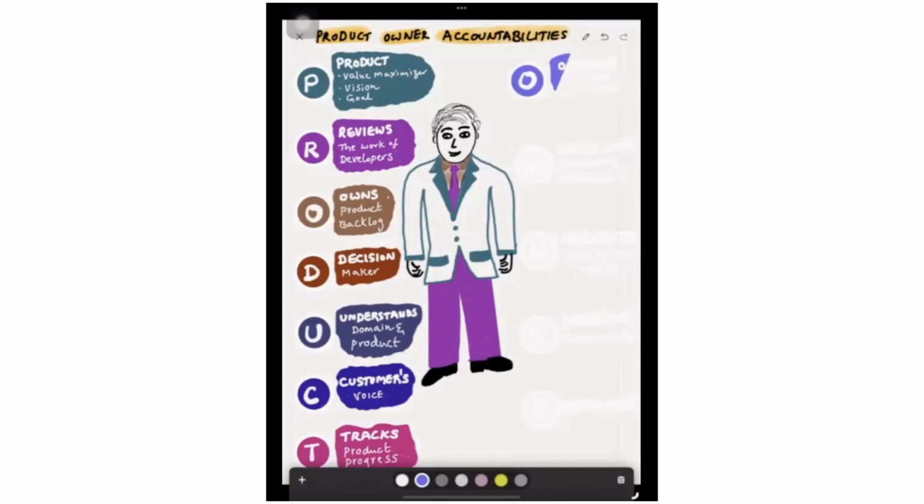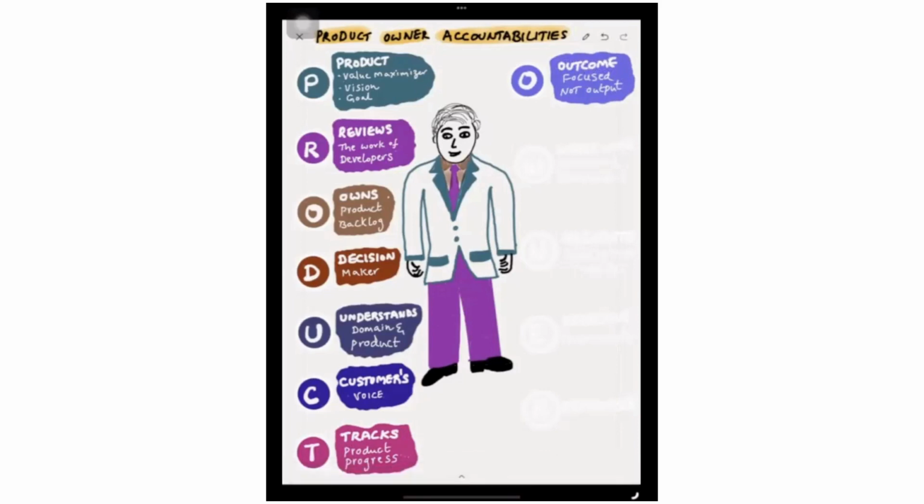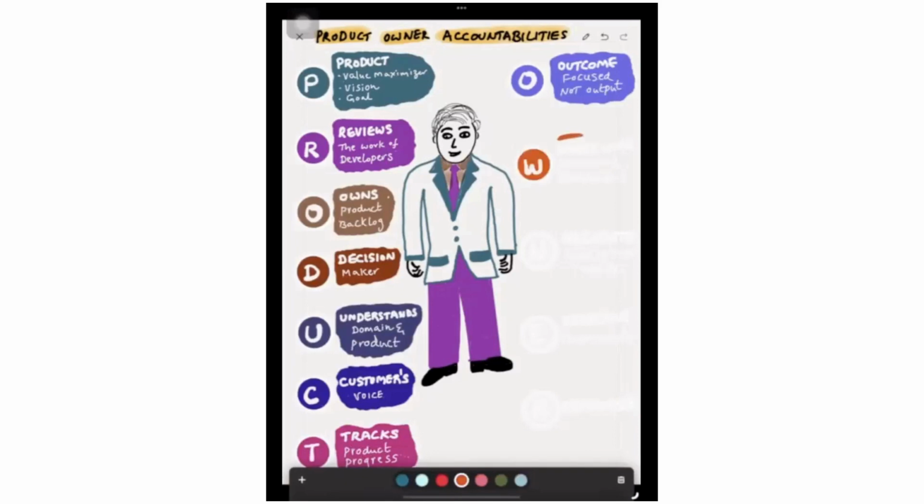The product owner should be outcome focused, not output focused. Great product owners focus on the outcome, the business value of the product. And the product owner also closely works with the developers and stakeholders throughout product development. So during sprint planning, throughout the sprint, the review, the retrospective, and occasionally the daily Scrum also, if the product owner is contributing to the sprint backlog.